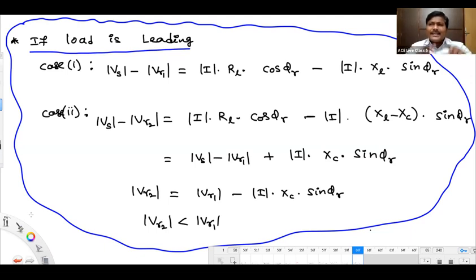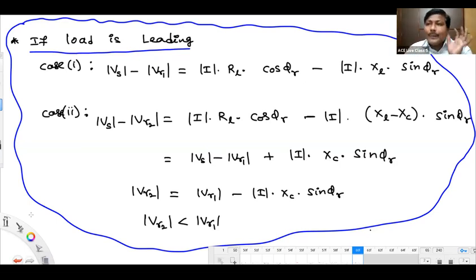It means this series capacitor will always try to make the receiving end voltage close to the sending end voltage. Following all of you? Tell me please. If you have over voltage at the receiving end side, it will decrease the voltage. If you have under voltage at the receiving end side, it will increase the voltage.